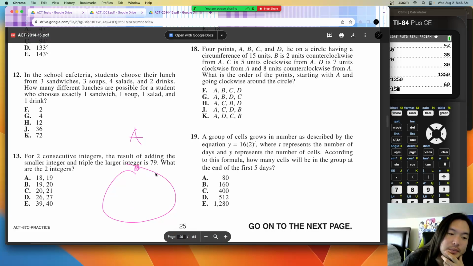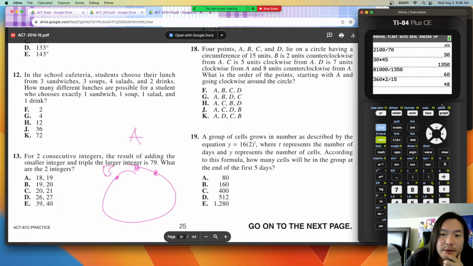I think 2 units is going to be, come on, zoom, work with me, give me the pen. I think B's here. No, they said counterclockwise, whoops, let's put it here, B's over here. And then if I do the calculation, it's about 48 degrees, so it's actually more like here. I was off by a little bit.